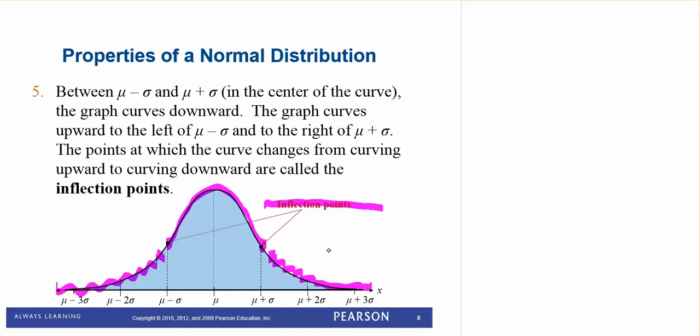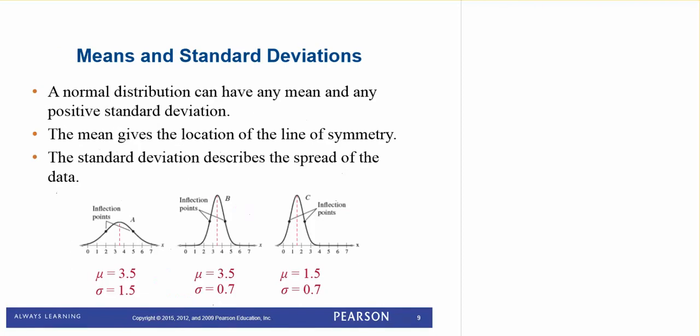It's like cupped down and then cupped up. That's probably the best way to talk about it. And that change happens automatically at one standard deviation away in either direction. So from a calculus standpoint, that's pretty darn cool. From a stat standpoint, you probably think, eh.